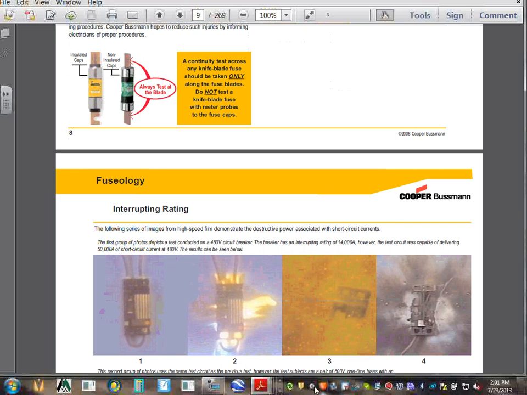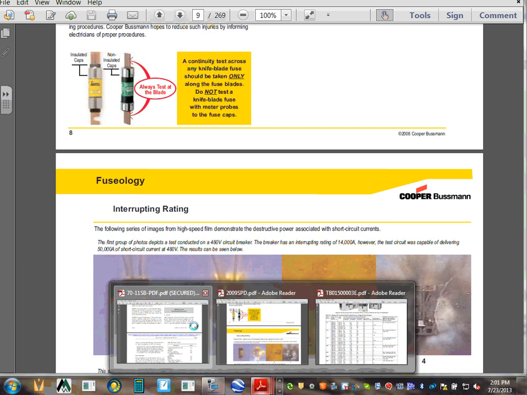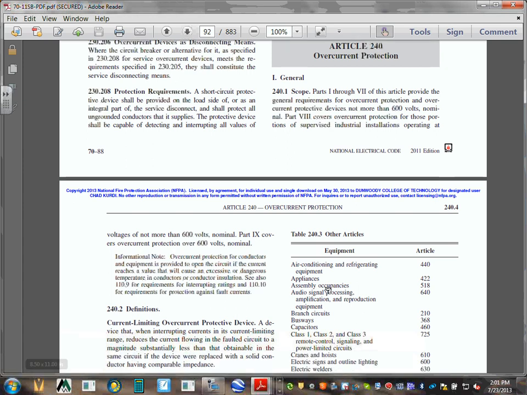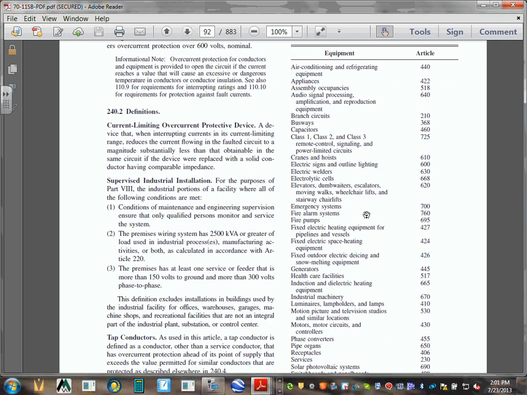Okay, so let me go on to that one here. I wanted to walk you through this very quickly. I just wanted to see what year it was. Okay, so here's the article that talks about overcurrent protection devices. Do you guys use supervised industrial installations?